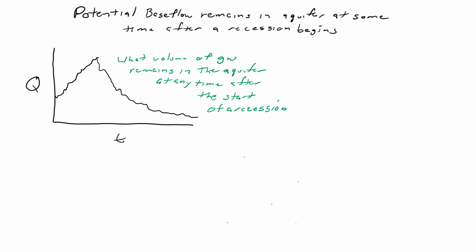In the previous example, we talked about how much water was released into the stream. This tells us how much remains behind, how much is available to be released at any point in time.